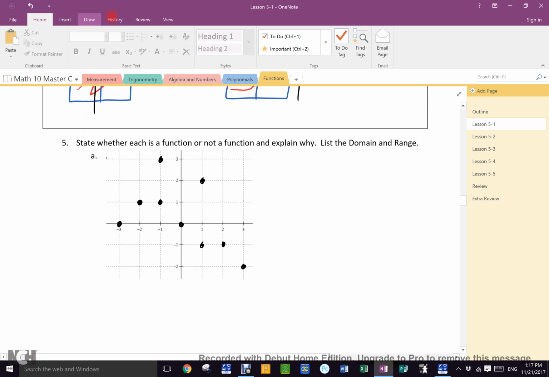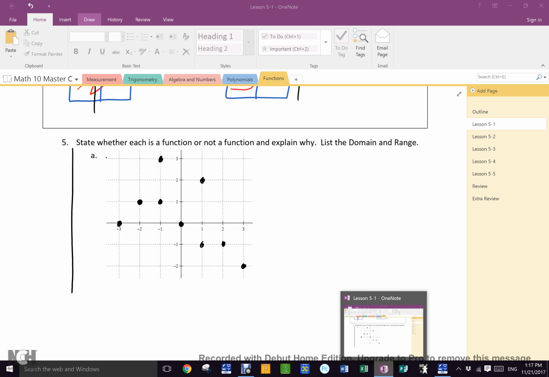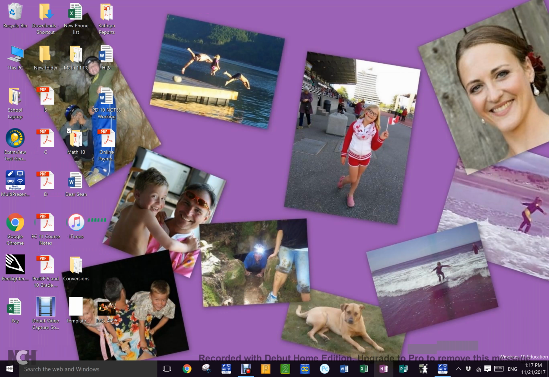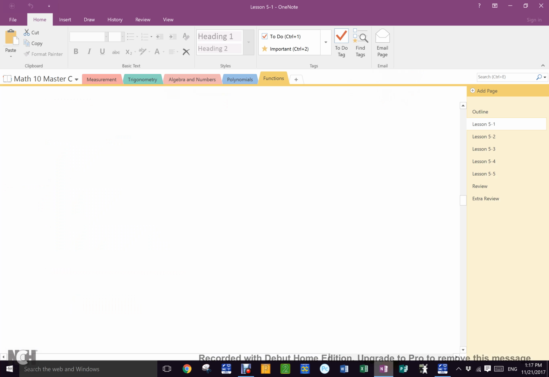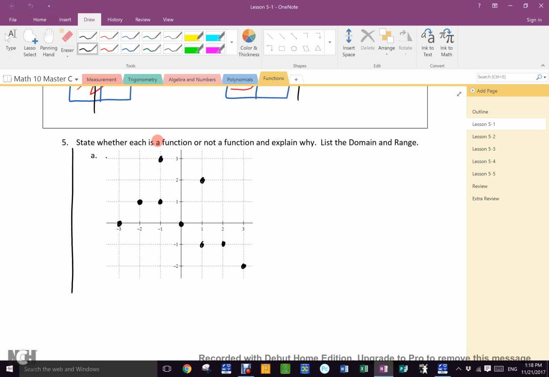And if I take my vertical line and I slide it, and I slide that vertical line, anyways, you should notice that right here, what happens? It hits 2.